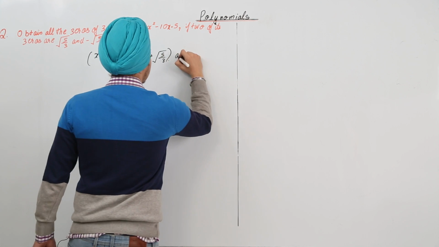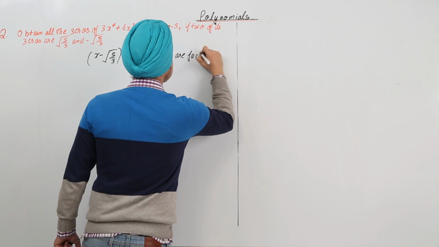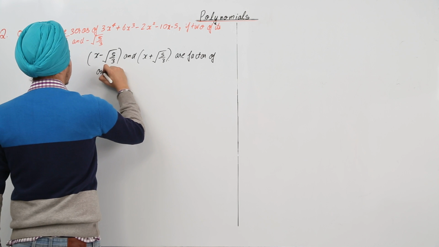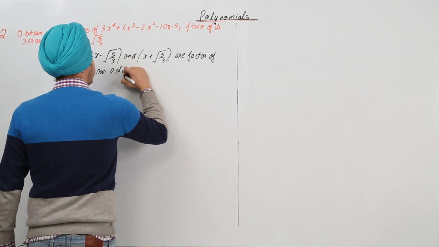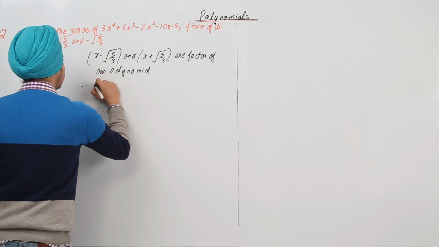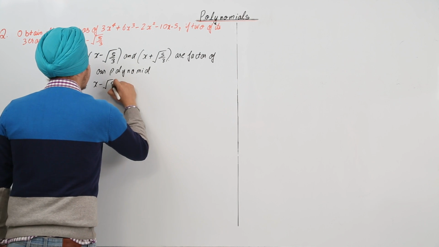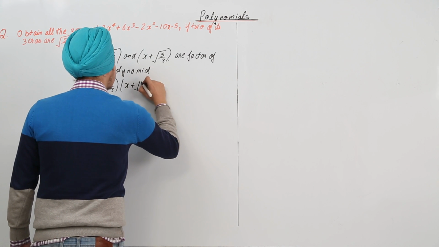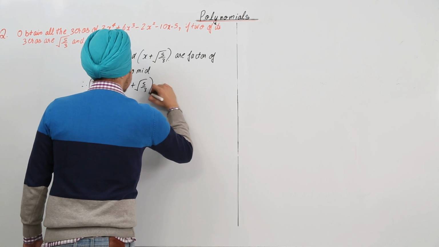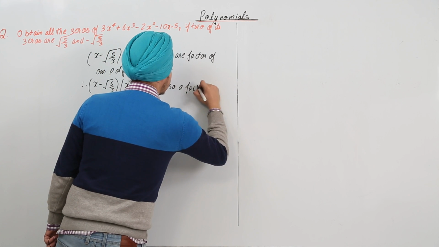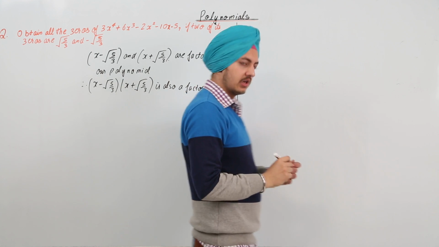These two are factors of our polynomial. Therefore, (x - √(5/3))(x + √(5/3)) is also a factor.